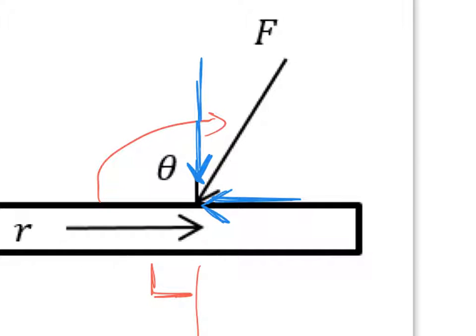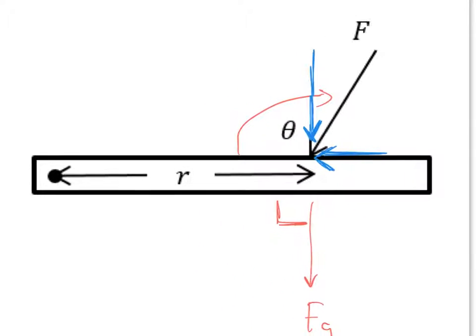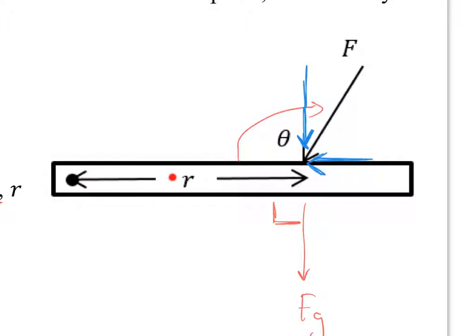But the vector drawn to the left has no effect on rotation because it's parallel to R. The R value in the diagram is the lever arm. So this is parallel to this, so this has no effect. This is the only thing that has any effect.